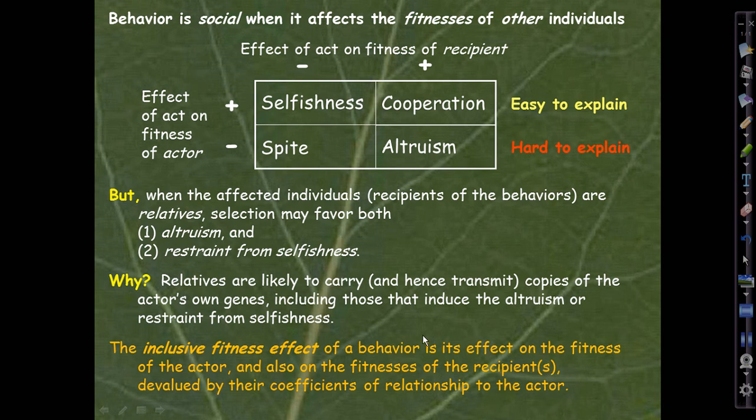So this is a quantitative condition. That is to say, the prediction is that natural selection favors behaviors, that is, phenotypes, that tend to increase the inclusive fitness of the actor when we take into account both the effect of the act on the fitness of the actor and its effect on the recipient or recipients devalued by the relevant coefficients of relationship.